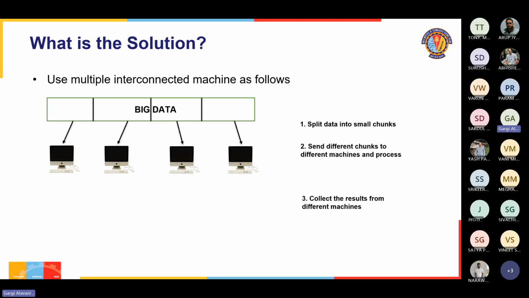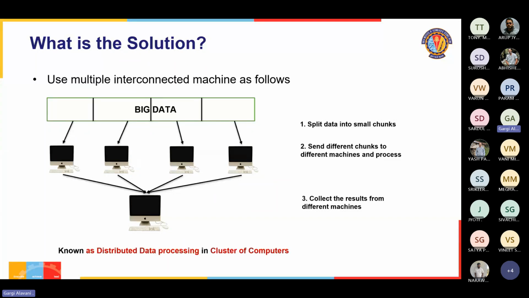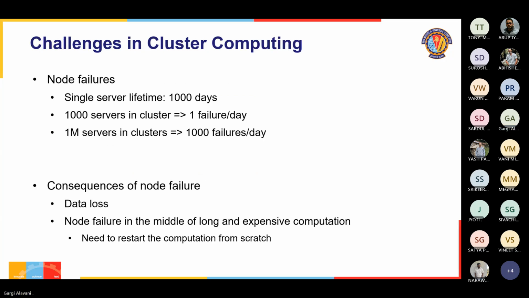This data is then sent to different machines and processes, and they will do whatever task they need to do, and then the data is collected back from these multiple machines to a single machine. And this is what the distributed data processing cluster computers will do for us.